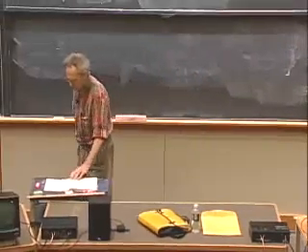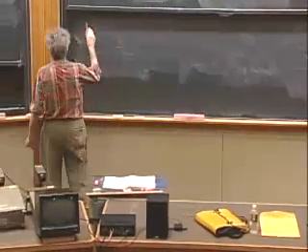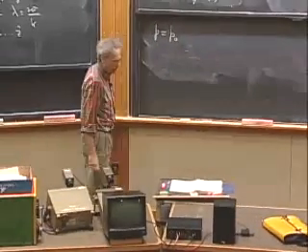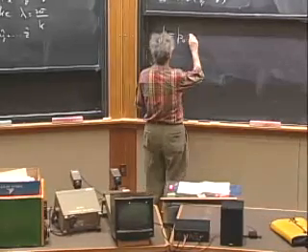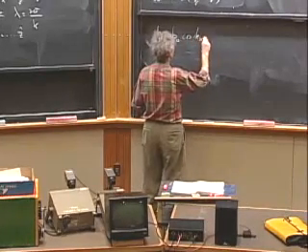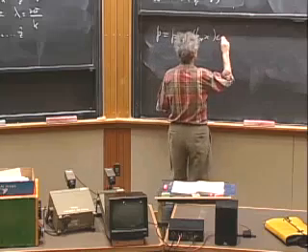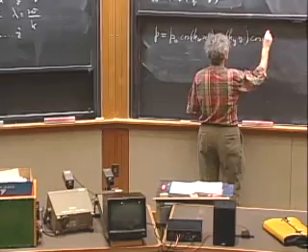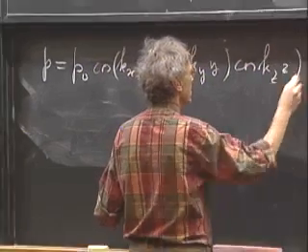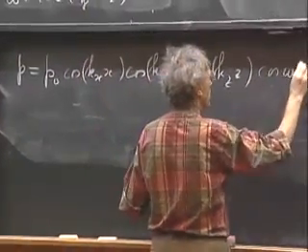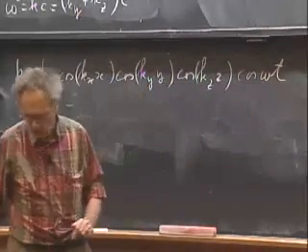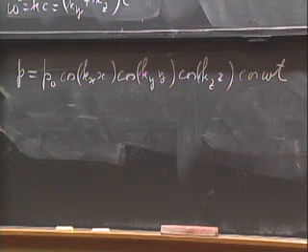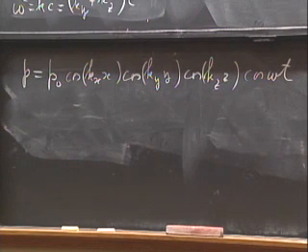And so this P, which is either a little bit above 1 atmosphere or a little bit below 1 atmosphere, is some amplitude, P0, and then we get the cosine of k_x times x times the cosine of k_y times y times the cosine of k_z times z, and then the whole thing times cosine omega t, which is now the frequency of my sound source.